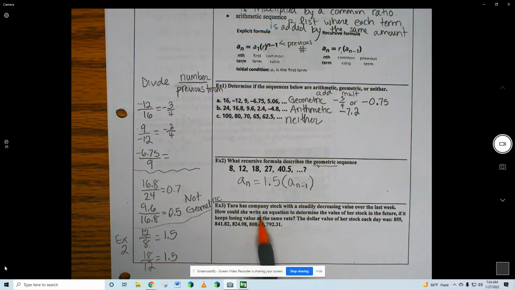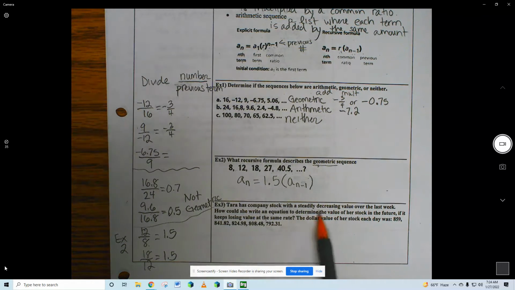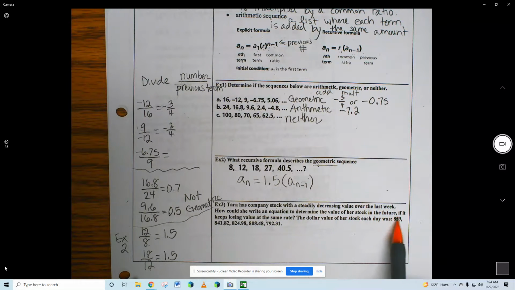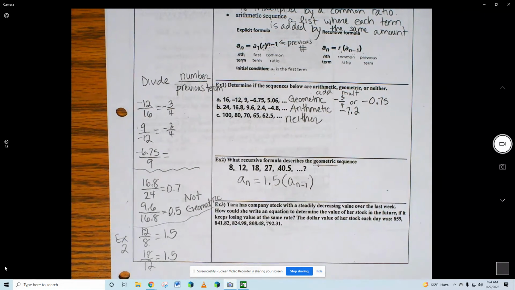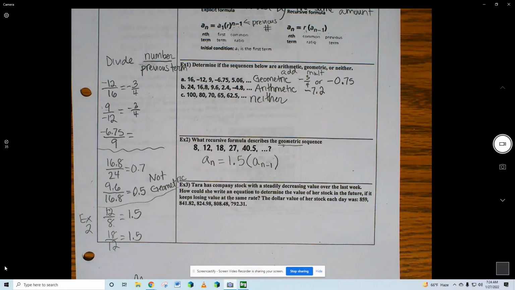Okay? Tara has company stock with a steadily decreasing value over the last week. How could she write an equation to determine the value of her stock in the future if it keeps losing value at the same rate? She's losing money on her stocks. It started at $859. It went down to $841, $824, $808, $792.